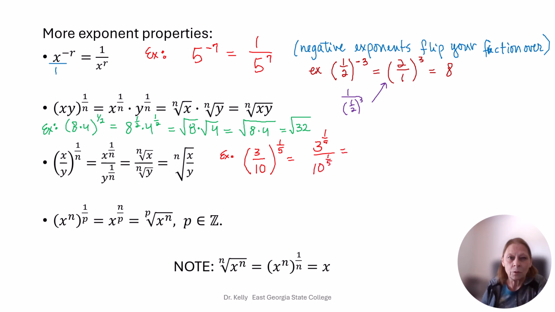That's equal to the 5th root of 3 over the 5th root of 10. Now notice we can write it all these different ways, and we can also write it all as 1. Sometimes it is beneficial to write it separately, and sometimes you want to write it all together. It just depends on your application and what you're doing with it.